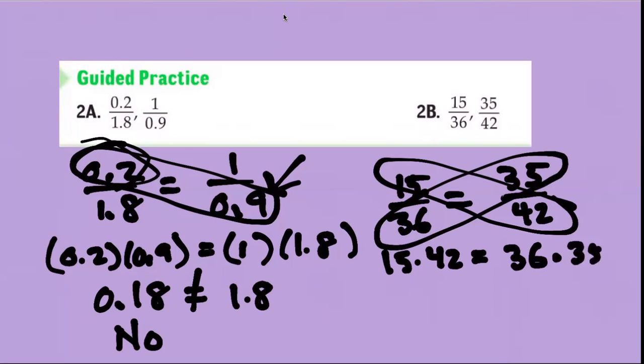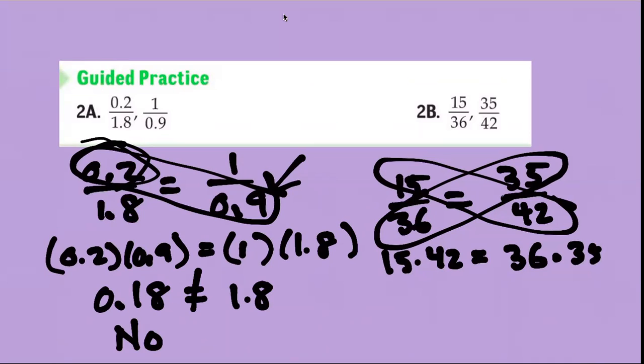And I'm looking at this, and I don't know about you, but 15 is a little less than half of 36, right? And I'm saying this all before I've looked at my calculator. But 35 is more than half of 42. So I don't think these are going to be equivalent, okay? I really don't.